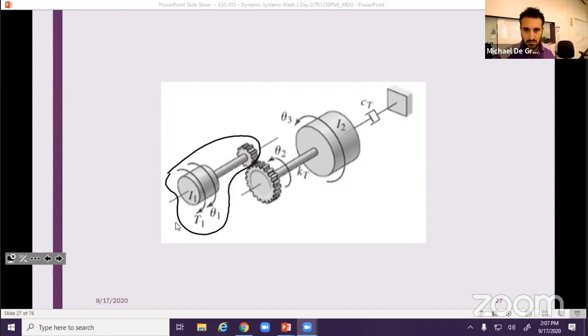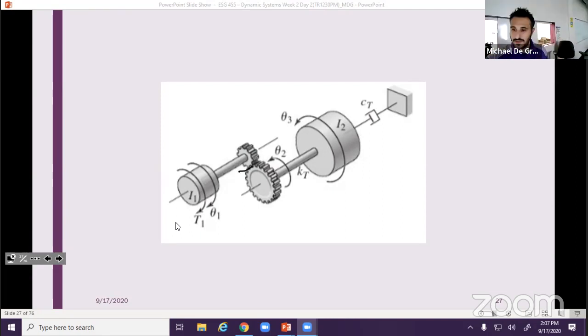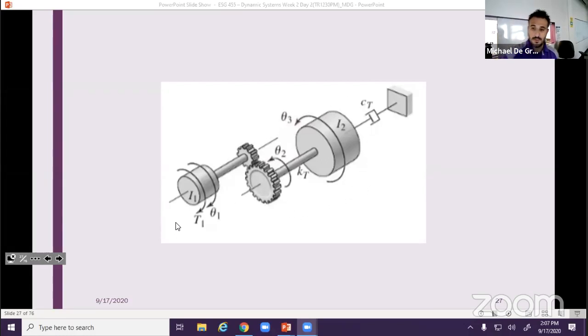I just want to be clear about that. So again, why is it inappropriate for us to lump all of this into one inertia? It's because the rotations are different. So we can't just lump it. All right.